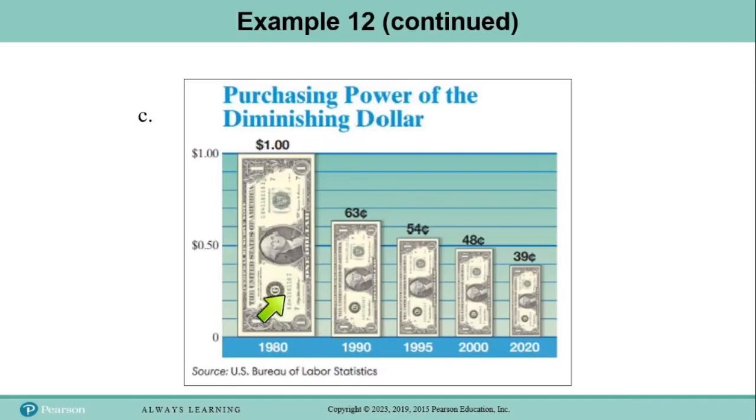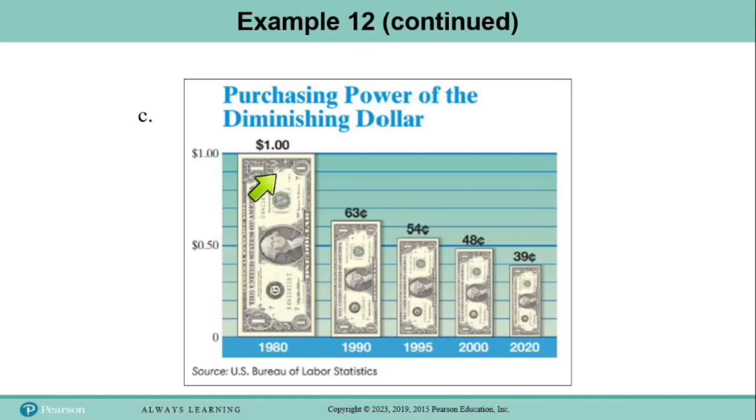And so on this one, it looks like the dollar bills represent bars on a bar graph, and that would be okay. But again, we have kind of the same problem that we had with the houses, which is, in order to keep the dollar bill looking like a dollar bill, they had to change the width of it. As the bar gets shorter, the dollar bill gets narrower, and your eye naturally perceives area.